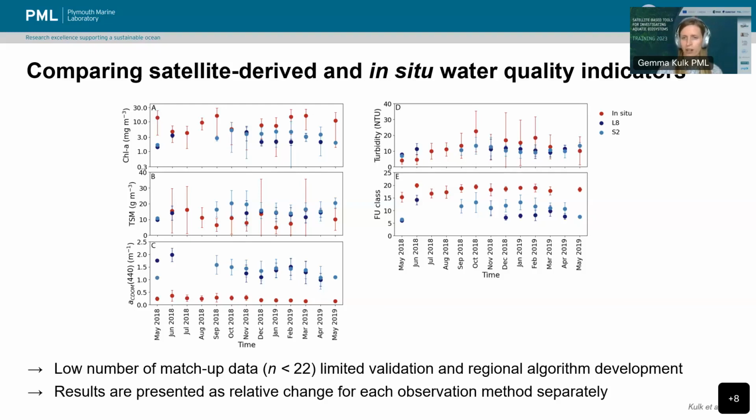For chlorophyll A, higher concentrations were not captured by the satellite retrieval algorithm. Total suspended matter and turbidity compared relatively well. The absorption by CDOM was overestimated by about 4 times, and the FU classes were lower in the satellite-derived observations compared to the in situ observations.